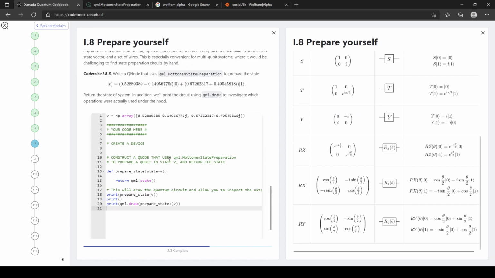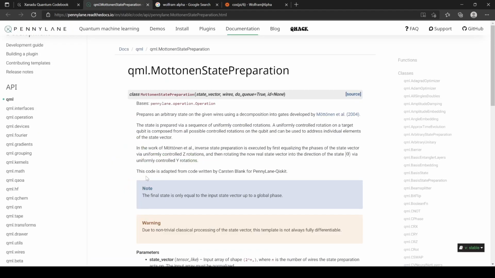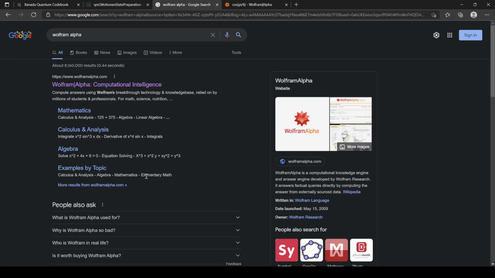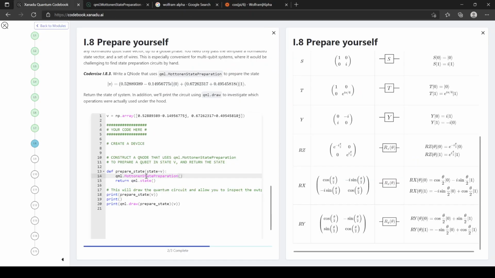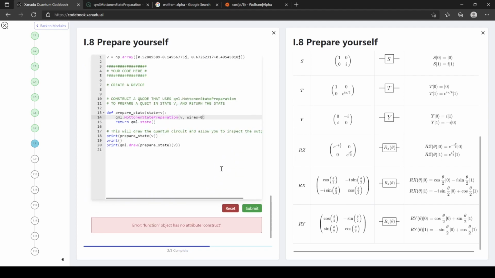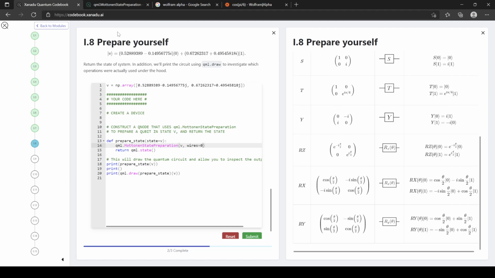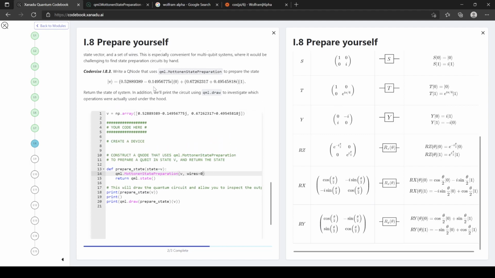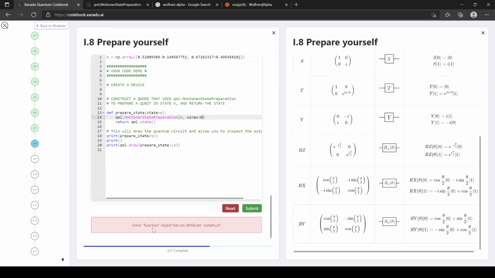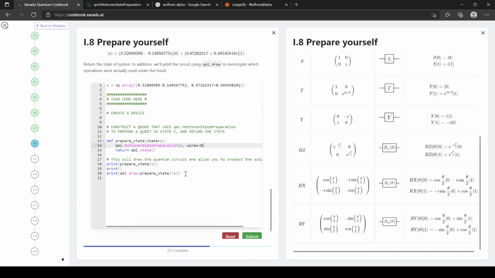All right, so we want to do qml. Really going to make me type this out. State vector, wires. All right, so we have our state vector and we have our wires, 0. Error: function has no attribute construct.